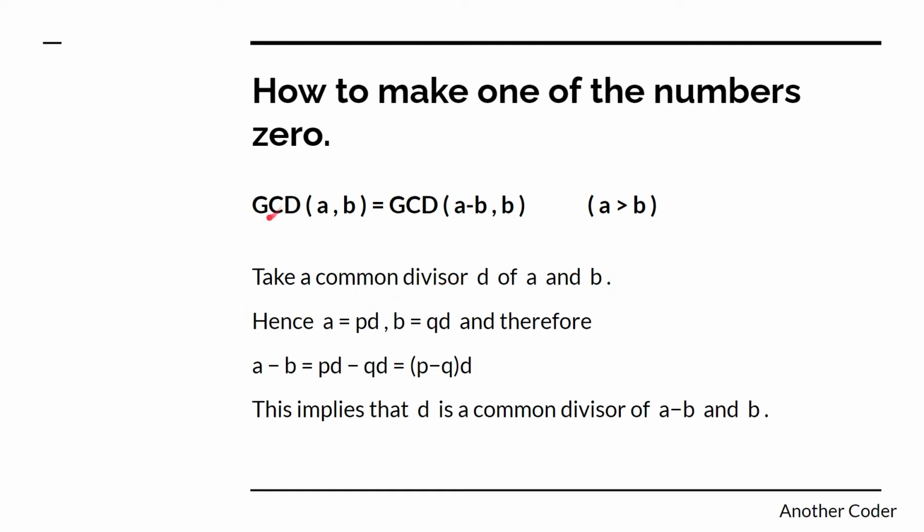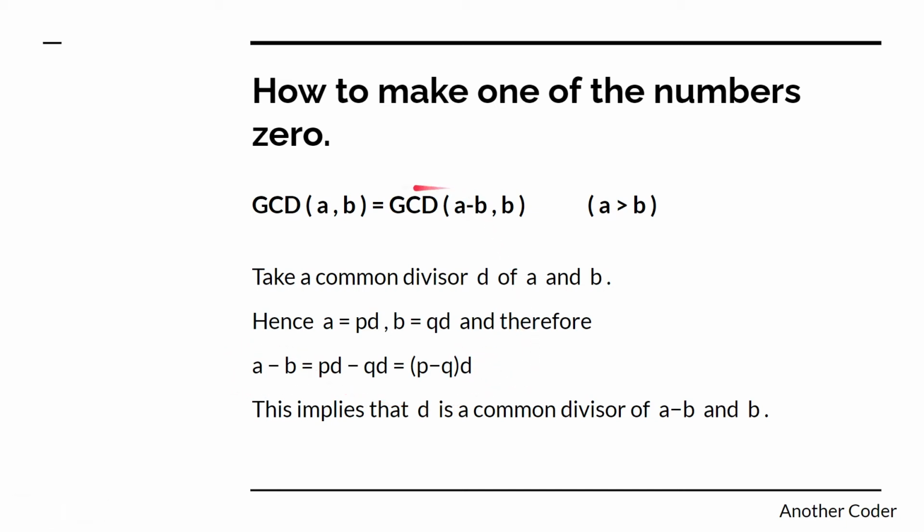So this is it. Now we'll have a look at why this particular thing works. Let us just take GCD of a and b as d, right? So a can be represented as some number p multiplied by d, and b can be represented as some number q multiplied by d. So we can write a minus b as pd minus qd, and if we take d common out of both of them, it will become p minus q multiplied by d. So we can represent a minus b as a multiple of d.